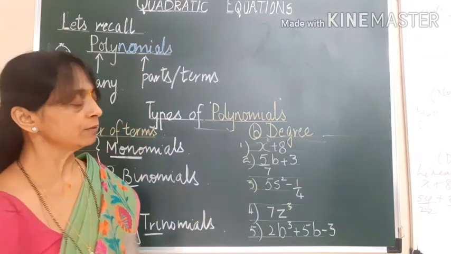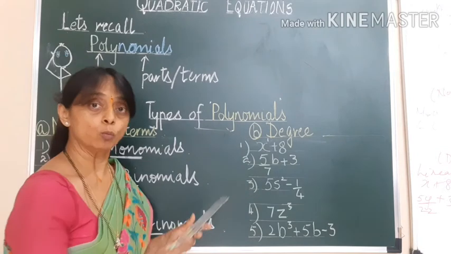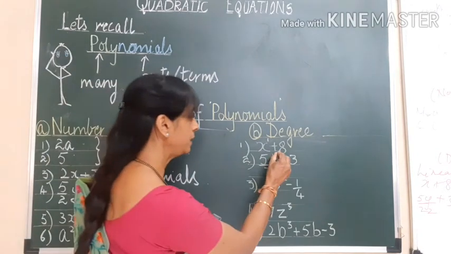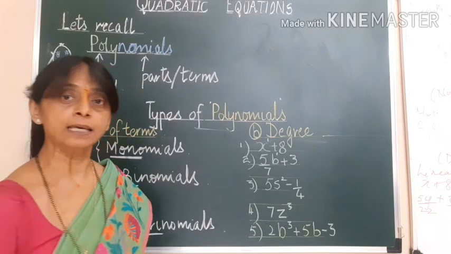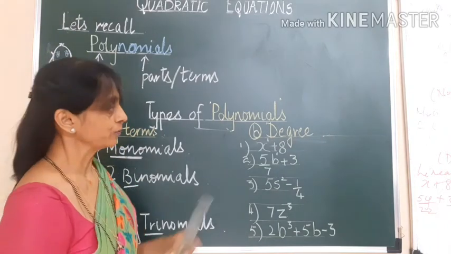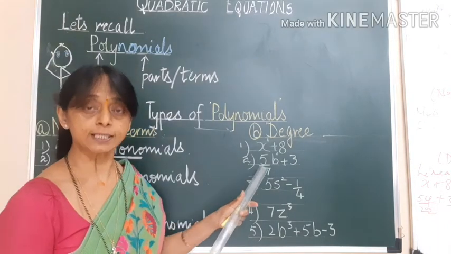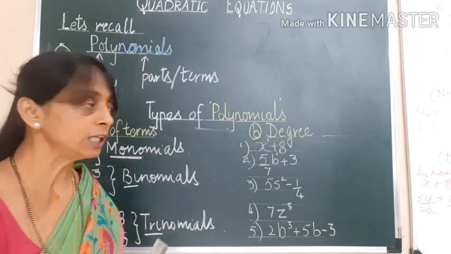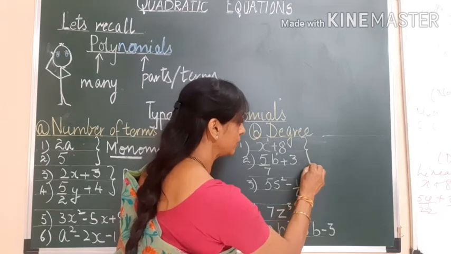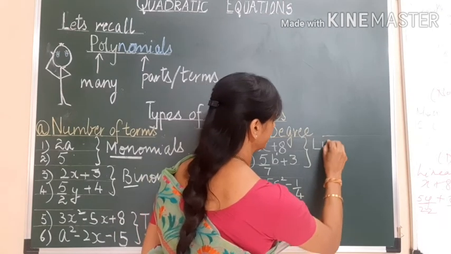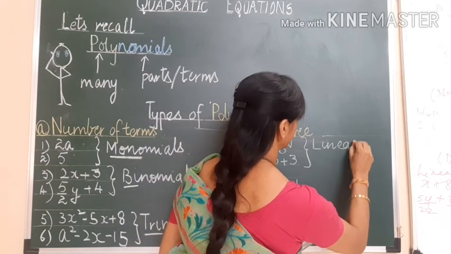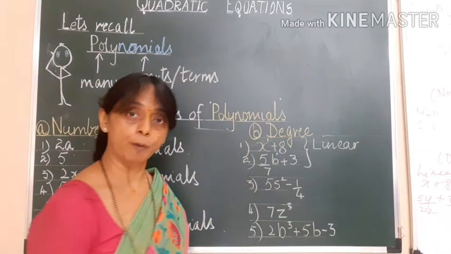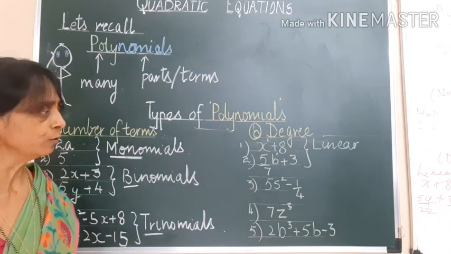Which is the variable over there? The variable is b. What is the degree of that variable? The degree of the variable b is 1. So, these types of polynomials where the degree of the variable is 1 are called linear polynomials.